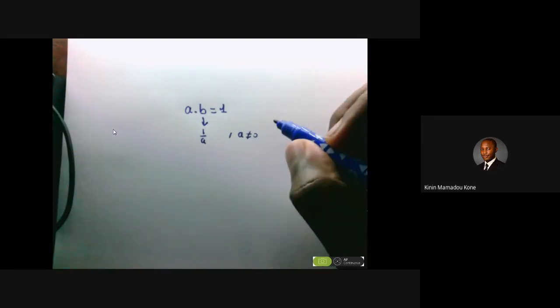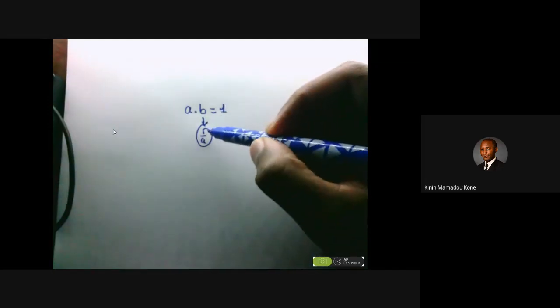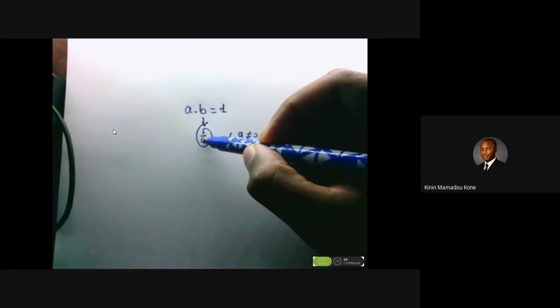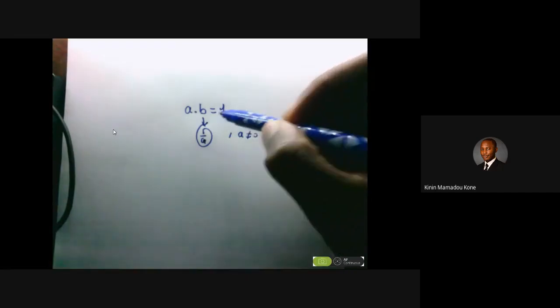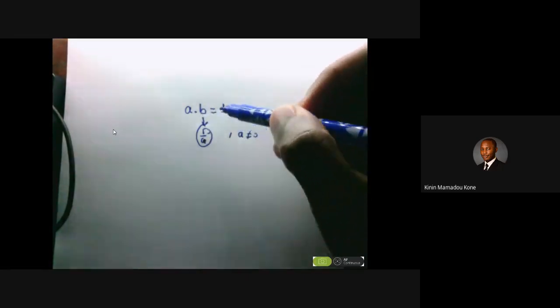That number 1 over A is the number associated with A such that the product will give us 1. And if A is equal to 0, this multiplicative inverse does not exist.